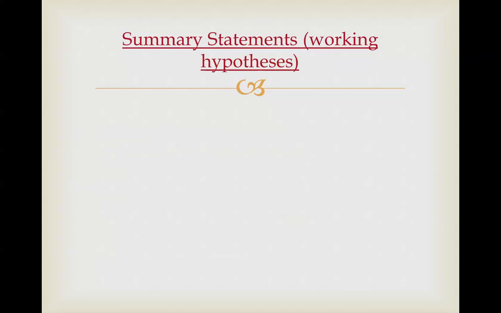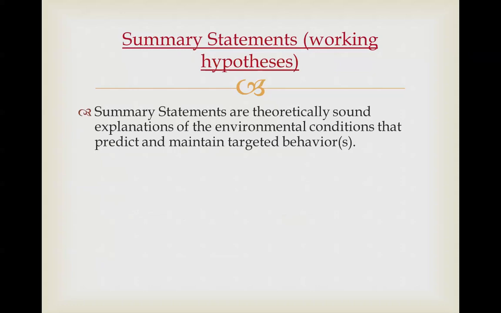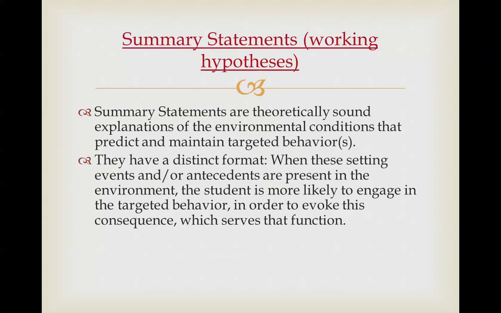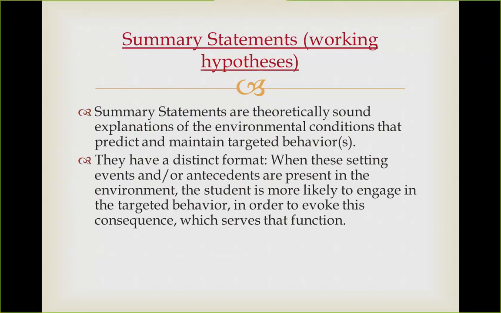Summary statements are theoretically sound explanations of the environmental conditions that predict and maintain targeted behaviors. They have a distinct format. When these setting events and/or antecedents are present in the environment, the student is more likely to engage in the targeted behavior in order to evoke this consequence, which serves that function. You'll notice in my example, "in order to evoke this consequence" is the consequence piece, and then I have a separate statement for the function.